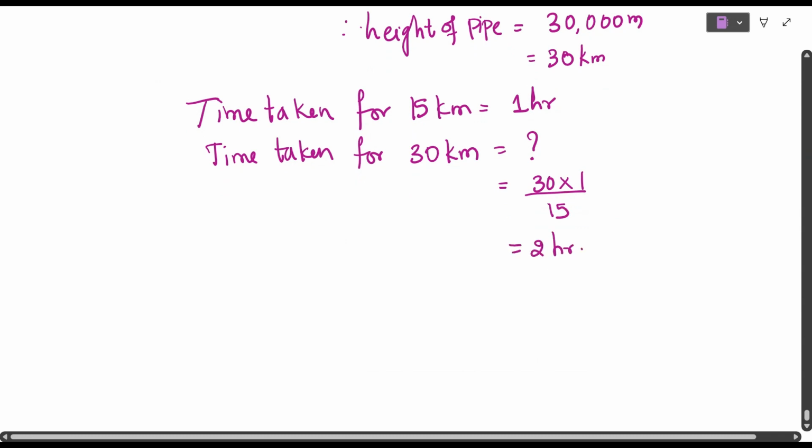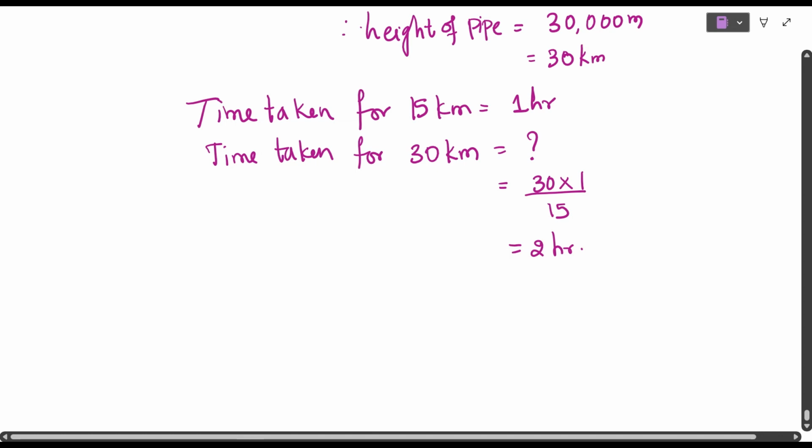So in what time will the level of water in the pond rise by 21 centimeters? It will rise in 2 hours. What should be the speed of water if the rise in the water level is to be attained in 1 hour?